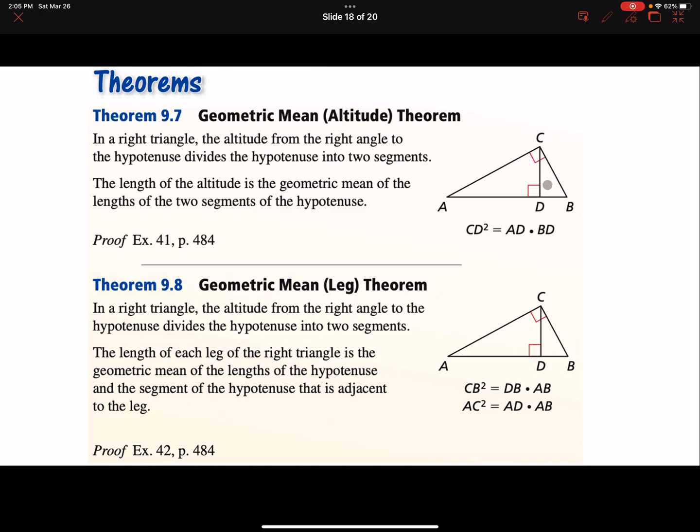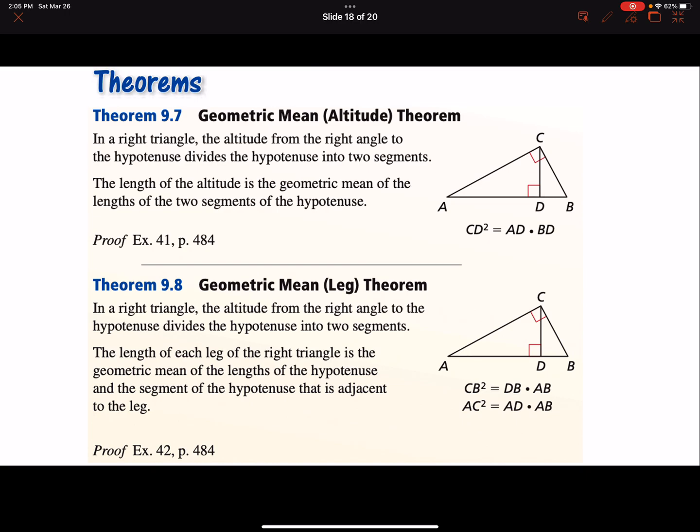It's the long leg of the small triangle, and it's the short leg of the medium-sized triangle, okay? If we want to know how long CD is, we find the geometric mean of both of these segments. So we take whatever AD is, and we multiply it by whatever BD is, and set it equal to CD squared. So that's the geometric mean altitude theorem.